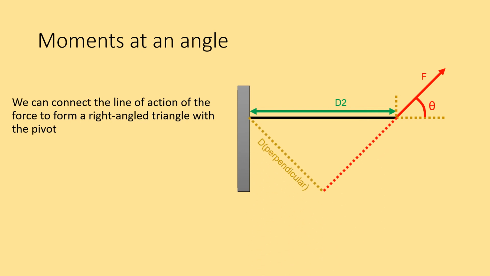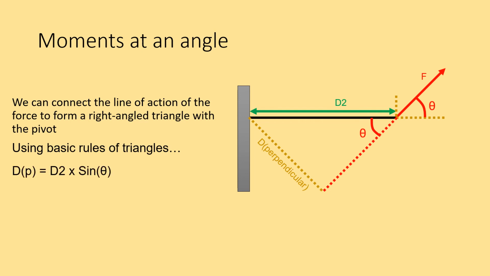There you go. We use the perpendicular component of D2, so that you have a direct line of contact with the force. This helps us work out the angles of the forces. So here is our angle. The angle of the force from the perpendicular is equal to the angle of this triangle, basic rule of triangles.